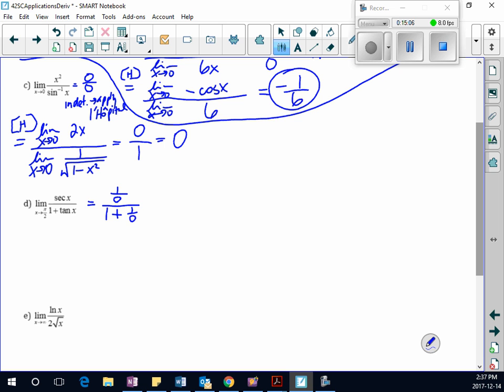This is not in L'Hopital's form, so you can't just arbitrarily apply L'Hopital's rule and hope for the best. Sometimes we have to manipulate it so that it actually works out.